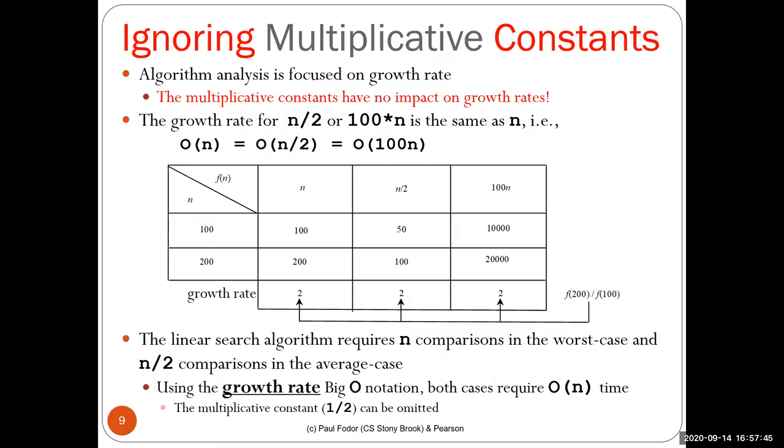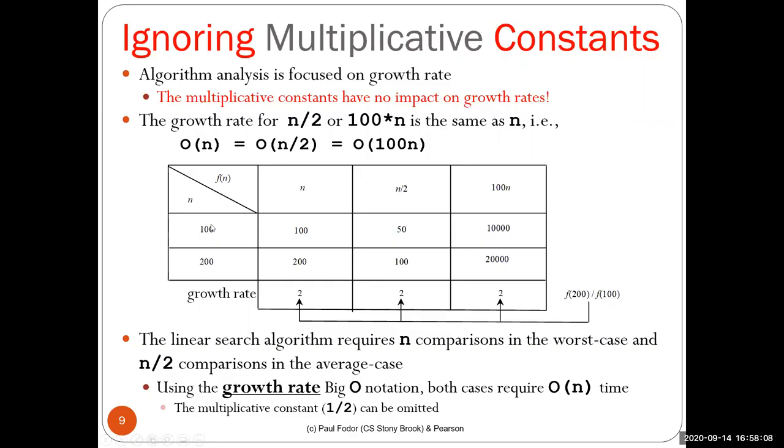Now let's consider an algorithm that takes 100 times the size of the input. Let's say that for every element we do 100 steps, whatever those steps are. For 100 elements, it will take 10,000 steps. For 200 elements, it will take 20,000 steps.